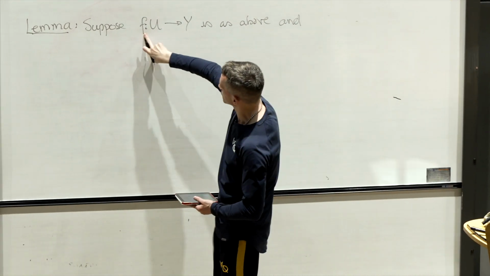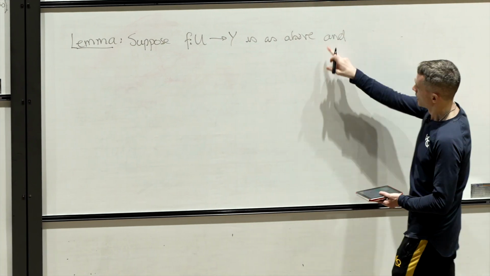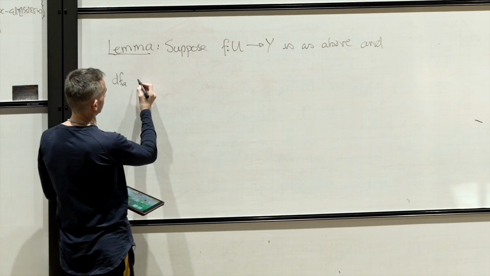So suppose we've got a function on an open set U in a normed vector space X taking values in a vector space Y, and the derivative at a exists.